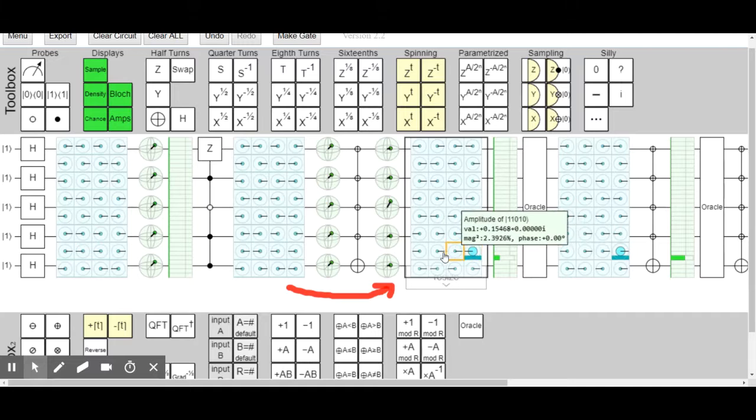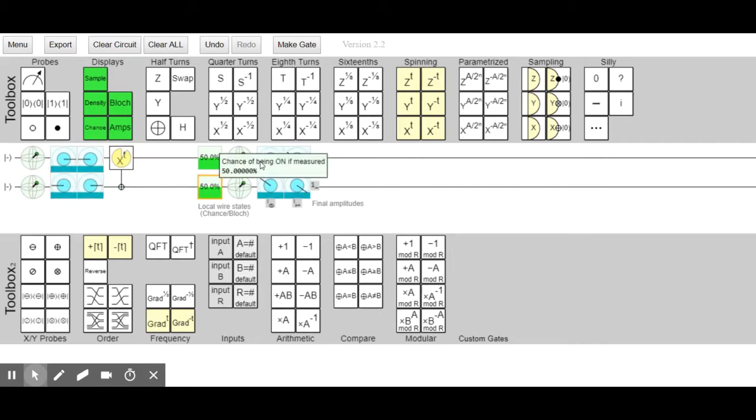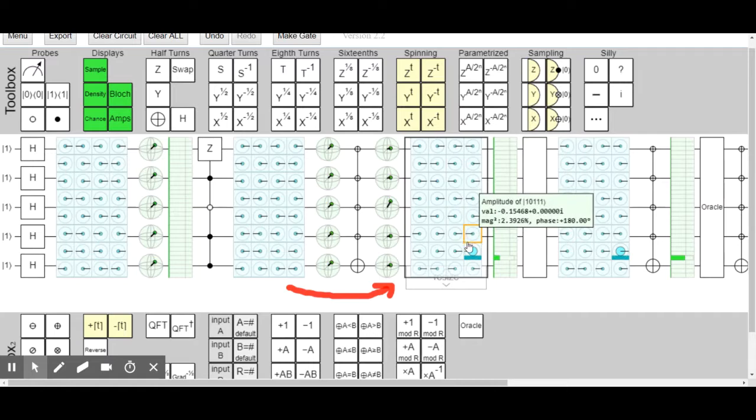Because what's happening here is, if you pay attention to every single one of those states, the phase has been negated as expected, as discussed here. But this one in particular doesn't get negated, it stays as it is. The phase doesn't get negated, and the amplitude though increases.